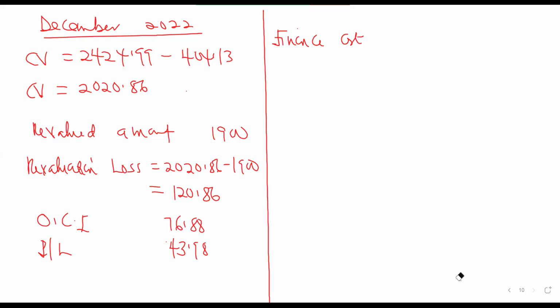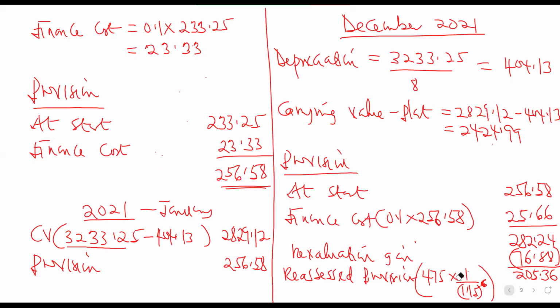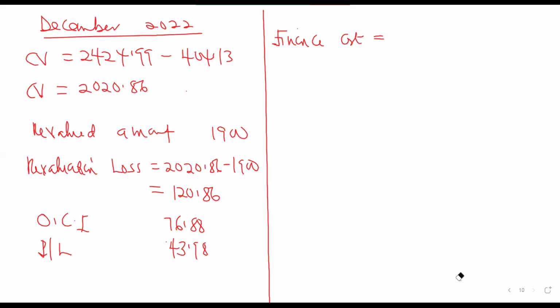Let's come to the finance cost on the provision at the end of the year. So finance cost for the provision will be 0.15 multiplied by the new provision, which is 205.36. How much are we getting? 30.80.